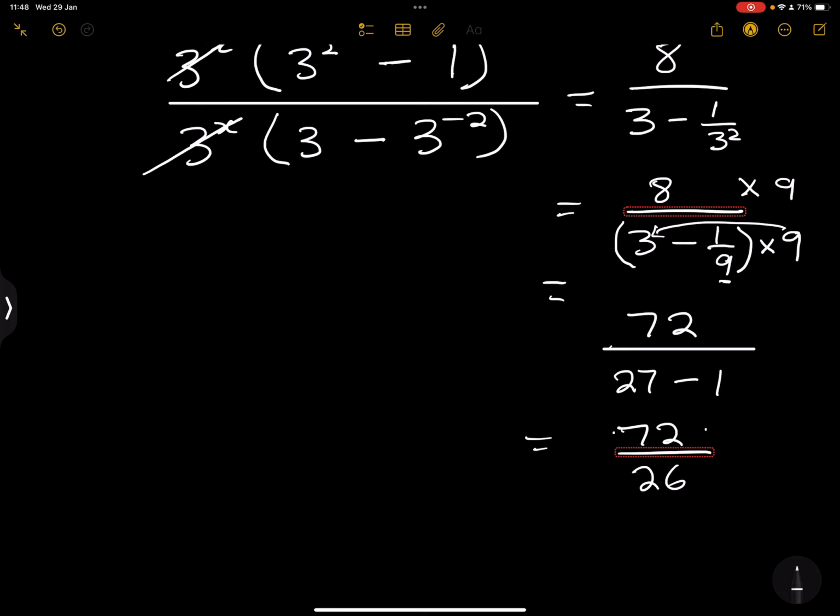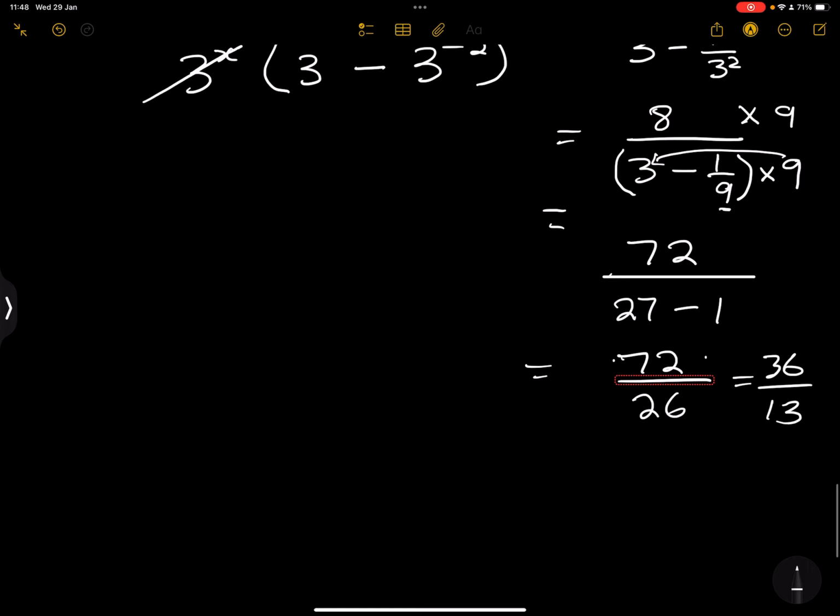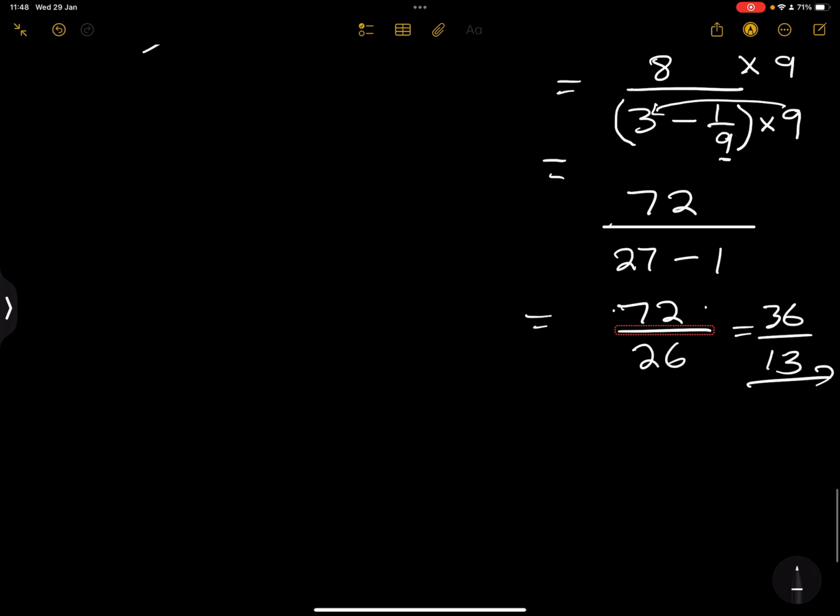These are both factors of 2, so we can simplify it as much as possible, and you'll be left with 36 over 13. So that is how the cookie crumbles.